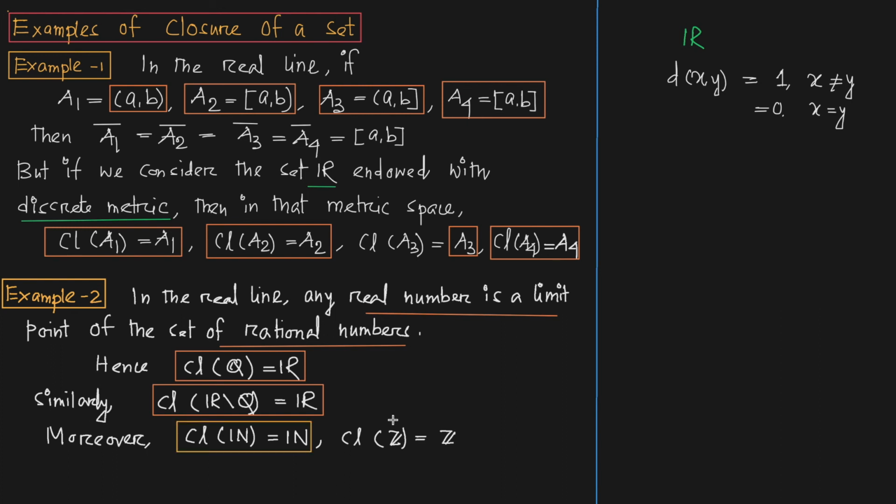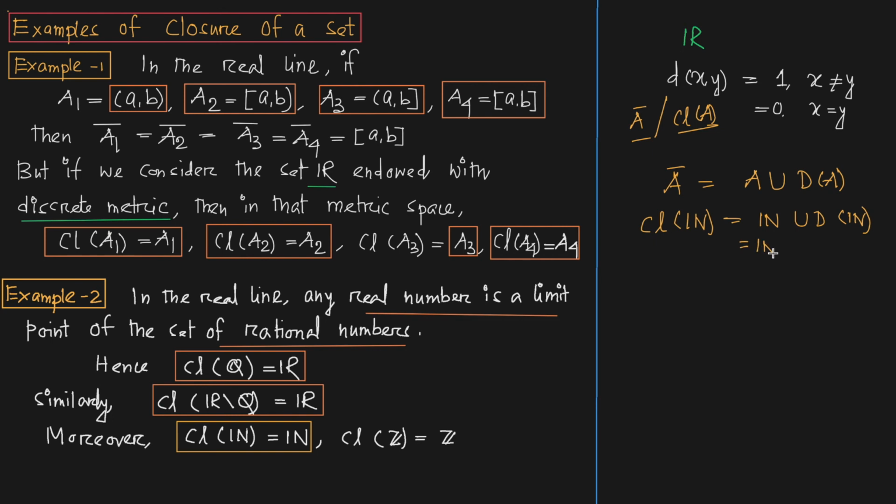See how this comes. In the definition of closure, what did we say? Closure of A is A union the derived set of A. We can define closure by A bar or CL A, either one. So closure of N, by the definition of closure, is N union the derived set of N. Derived set means the set of all limit points.